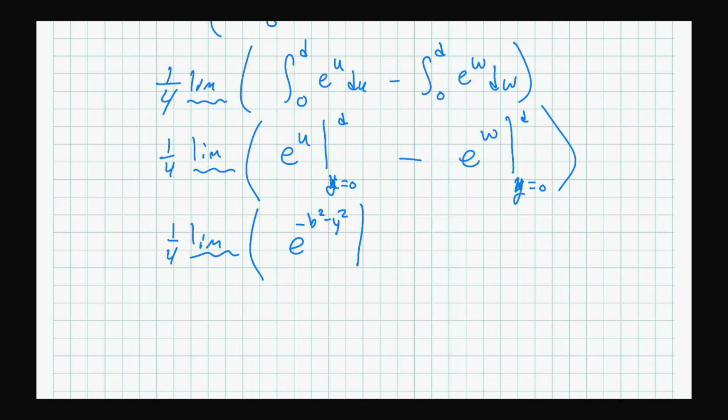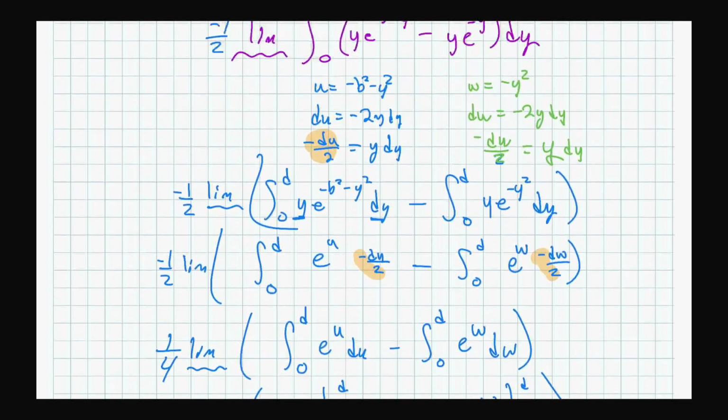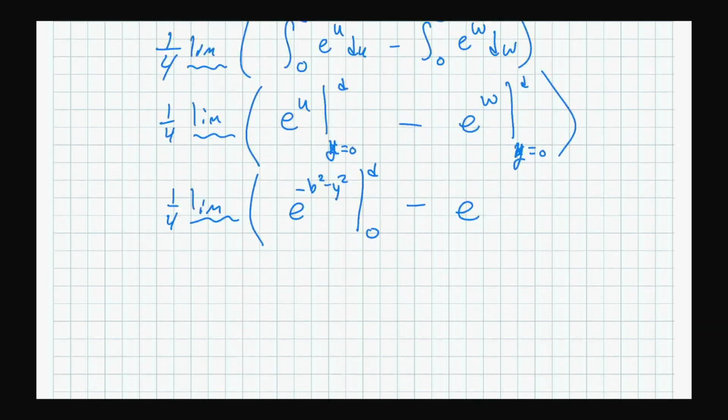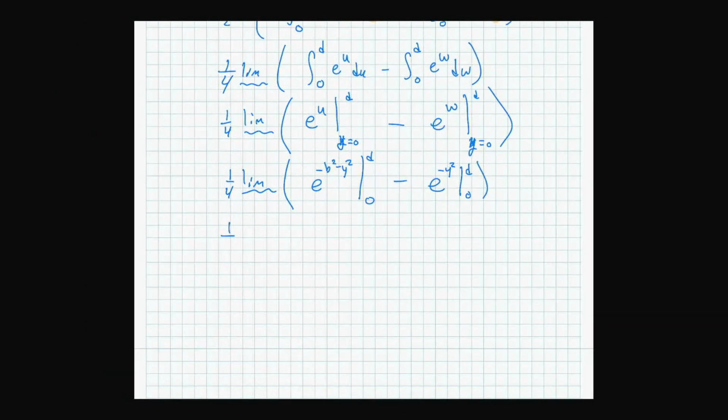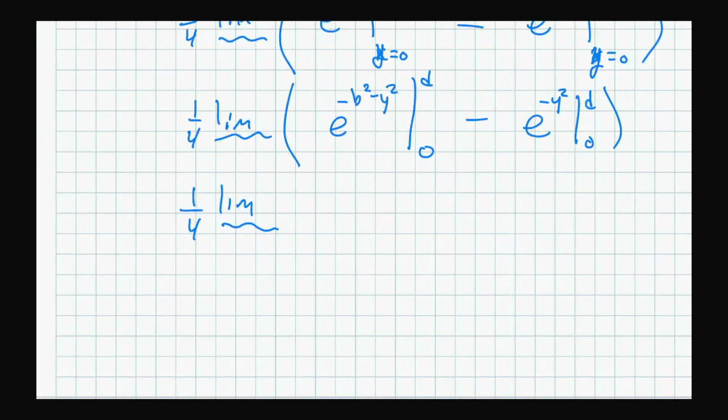Y. From y goes from 0 to d, and e to the w is negative y squared. And that's from 0 to d as well. So finally, we're within spitting distance of the answer. Put in the d, put in the 0 for y.